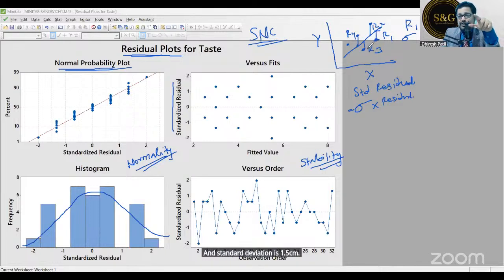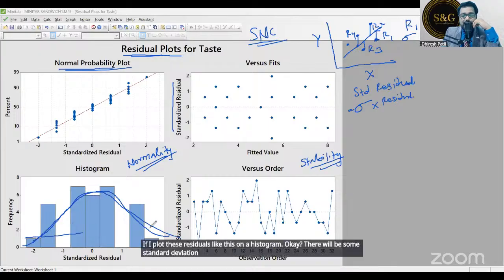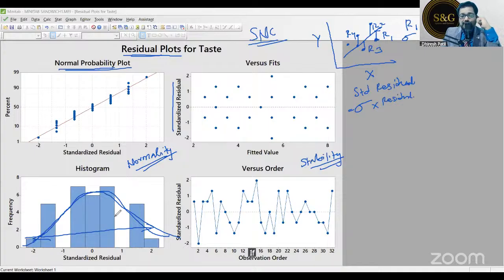What is standard deviation? If I plot these residuals like this on a histogram, there will be some standard deviation. There will be some variability here. If I calculate a standard deviation, multiply by actual residual, that is called standardized residual.